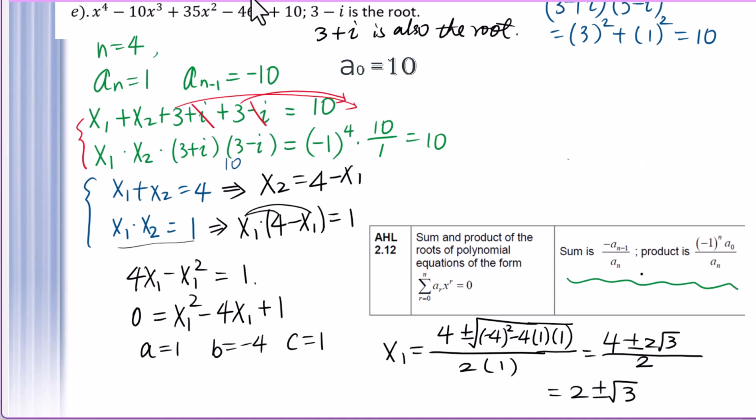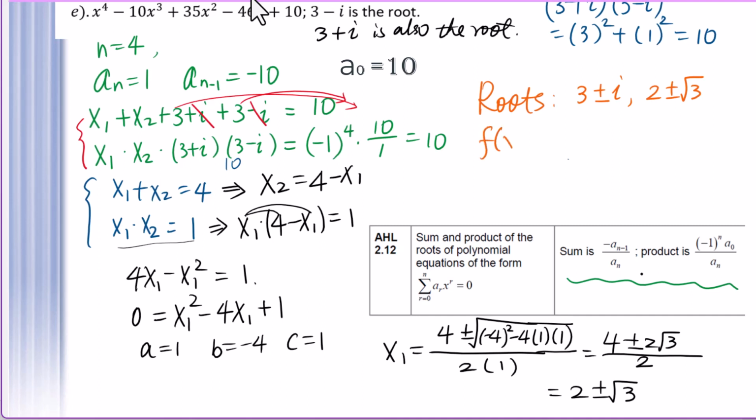Then we can draw the conclusion. The roots of this polynomial function are 3 plus or minus i, and 2 plus or minus square root of 3.